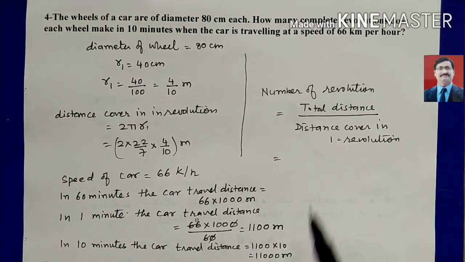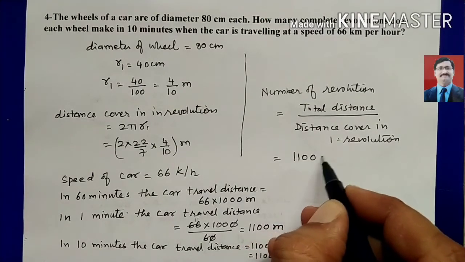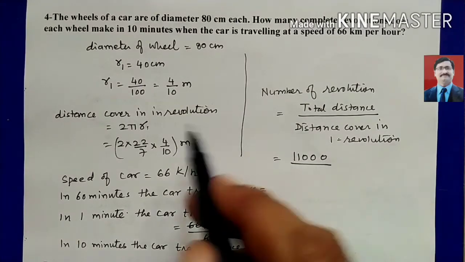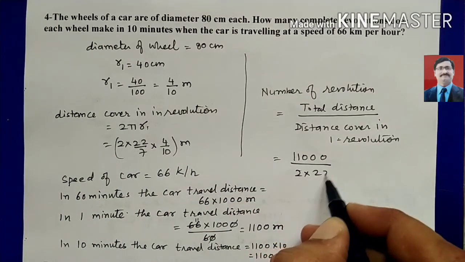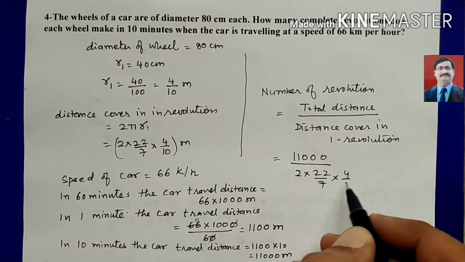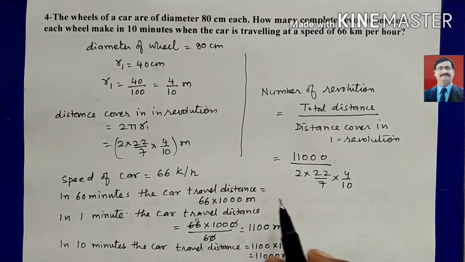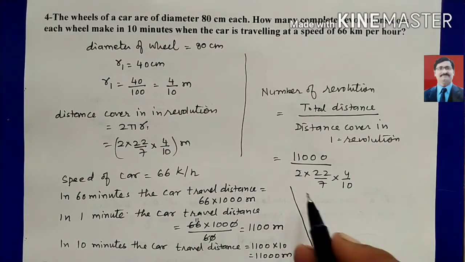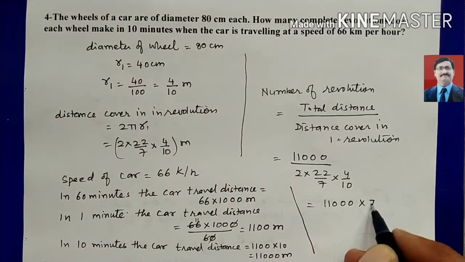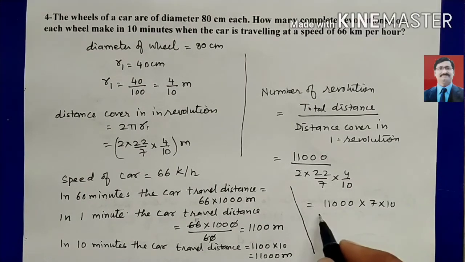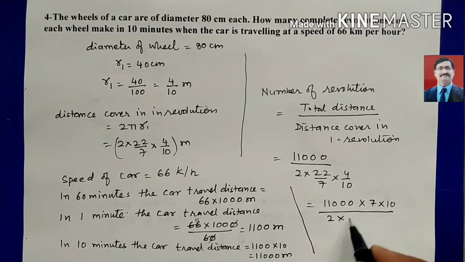Total distance is 11,000 and the distance covered in one revolution is 2 into 22 by 7 into 4 by 10, and this part we have to solve. Look here, 11,000 into 7 into 10, this we take as the reciprocal, and in the denominator we have 2 into 22 into 4.